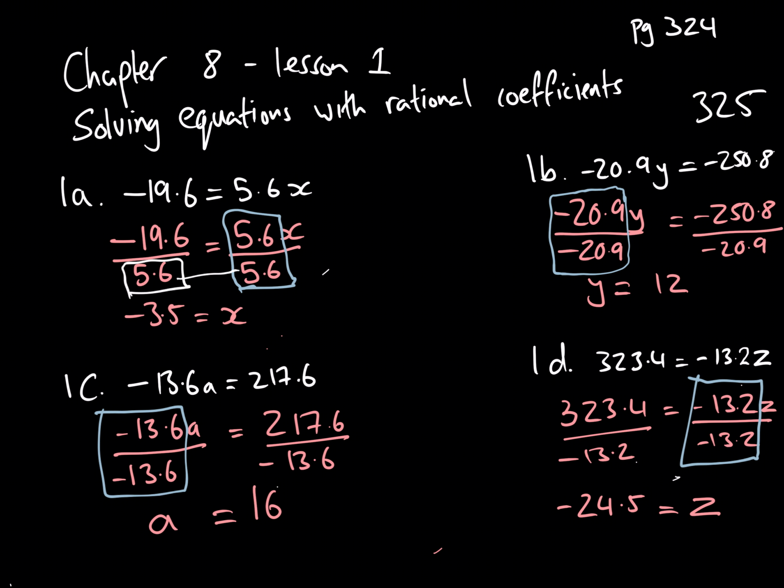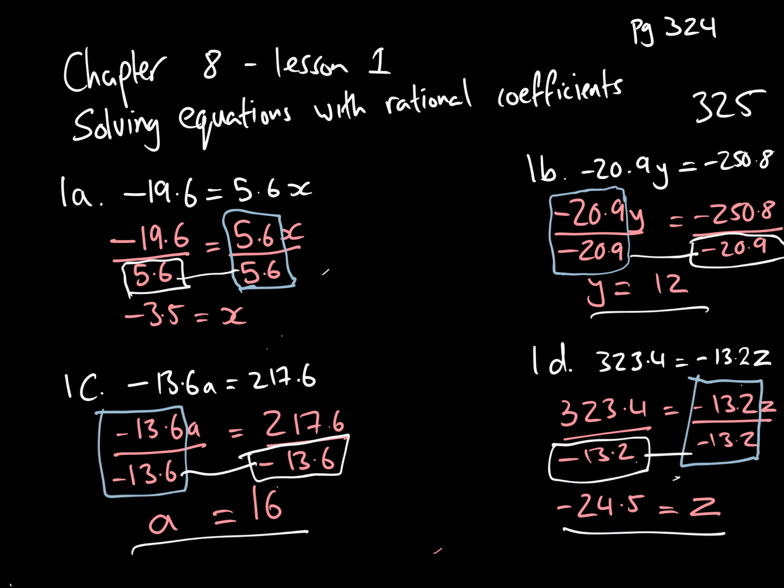As you can see here, it's 5.6. Here it is 20.9. Here it is 13.6. And here it is 13.2. So when you divide the other side by the same number, it will give you the variable. You'll find the answer.